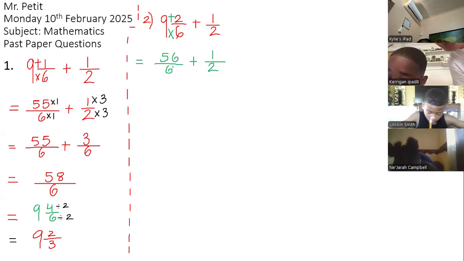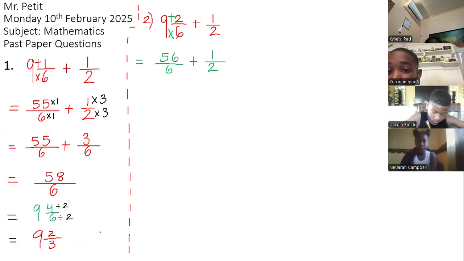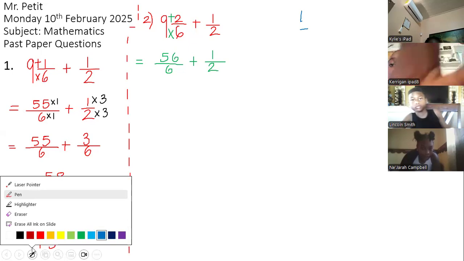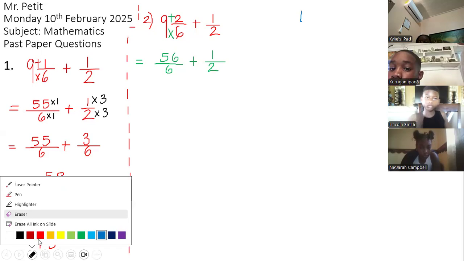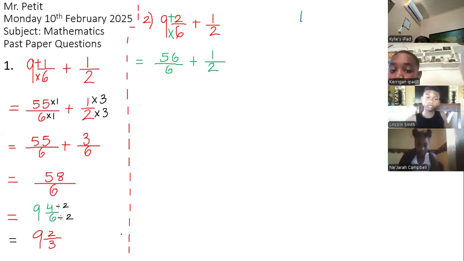The next thing we need to do is find the lowest common multiple of 6 and 2. How do we do that? We have to find the LCM. We're going to list the multiples and write down the multiples of 2 and 6.